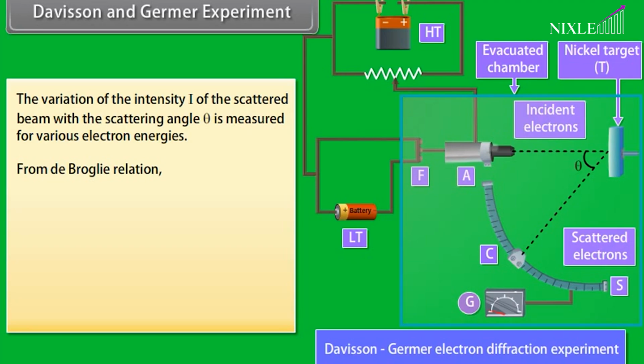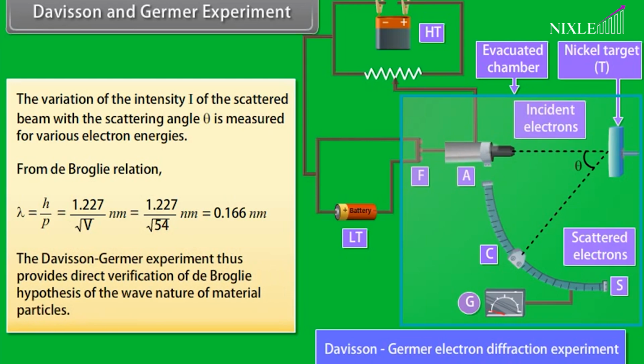For these electrons accelerated through a potential difference of 54 V, lambda is equal to h by p, which equals 1.227 by square root of V nanometer, equal to 1.227 by square root of 54 nanometer, which equals 0.166 nanometer. The Davisson-Germer experiment thus provides direct verification of the de Broglie hypothesis of the wave nature of material particles.